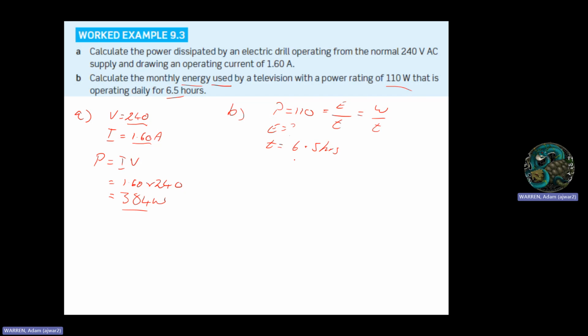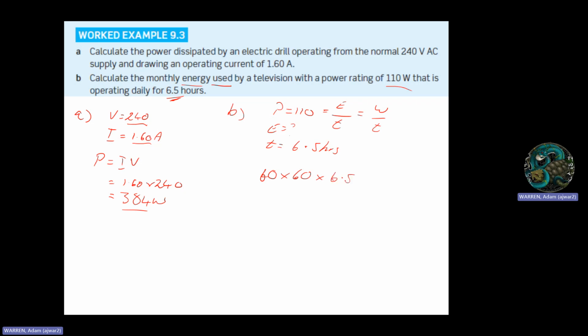So let's figure out how many seconds are in a month according to this. To convert seconds into minutes, we multiply by 60. To turn minutes into hours, multiply by 60. Now, normally we do times 24 because there's 24 hours in a day, but here our question says we've only got 6.5 hours of usage in a day.